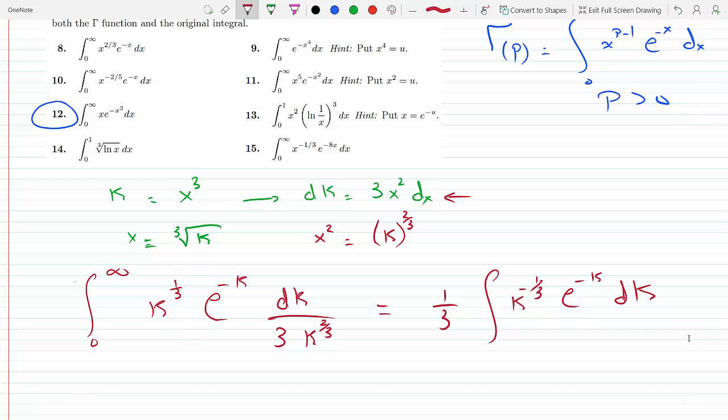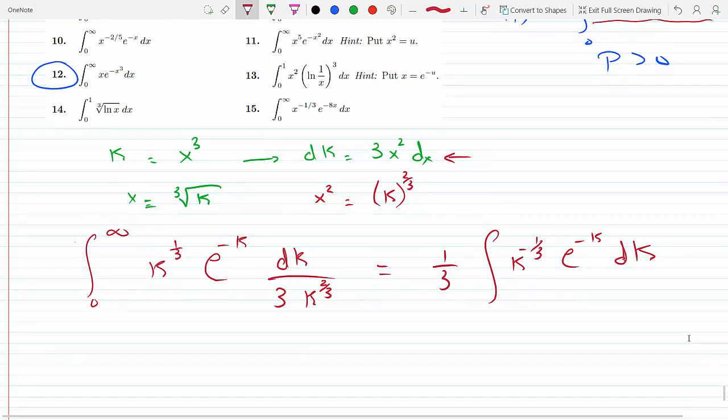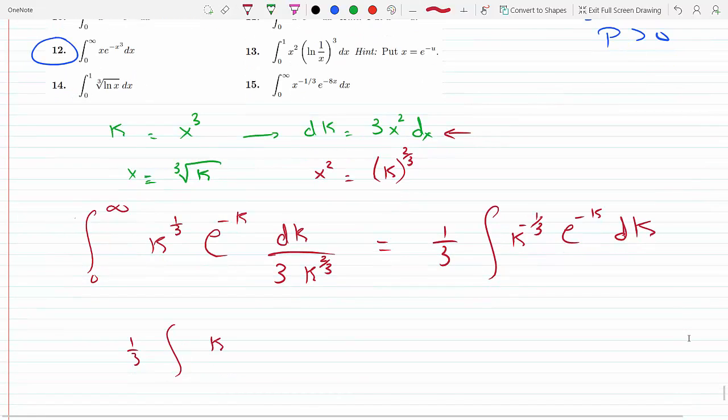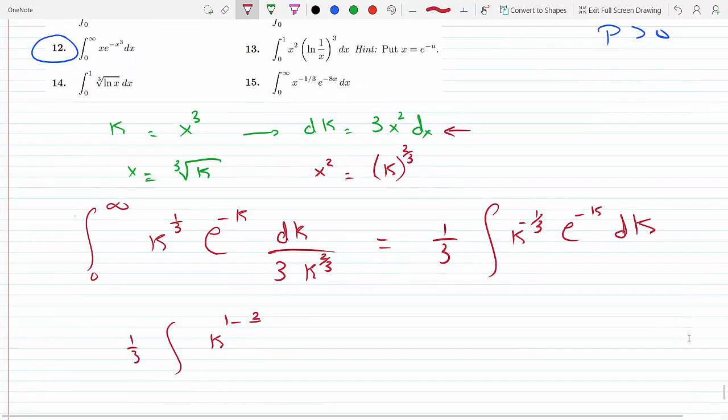Now you can see that I am close. I'm trying to make this form, so k to the minus 1/3 I can rewrite as k to the p minus 1.